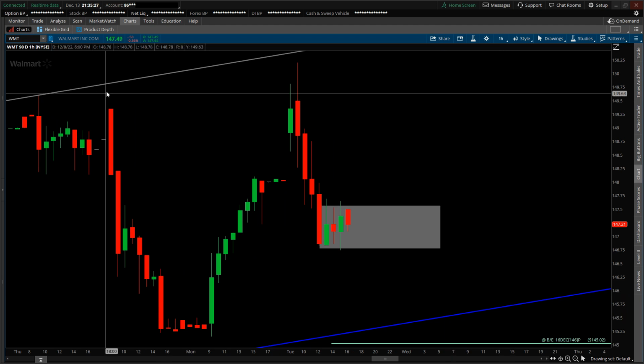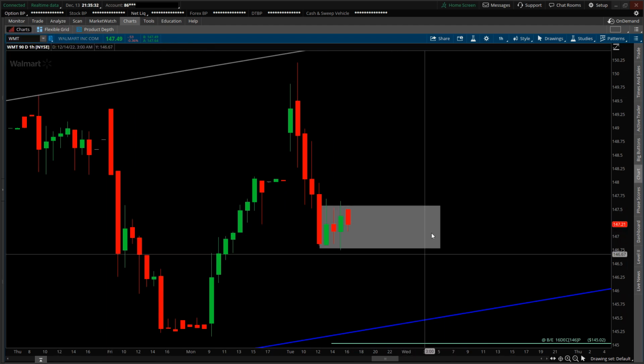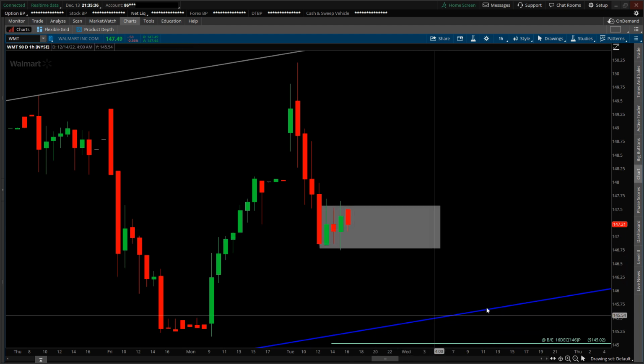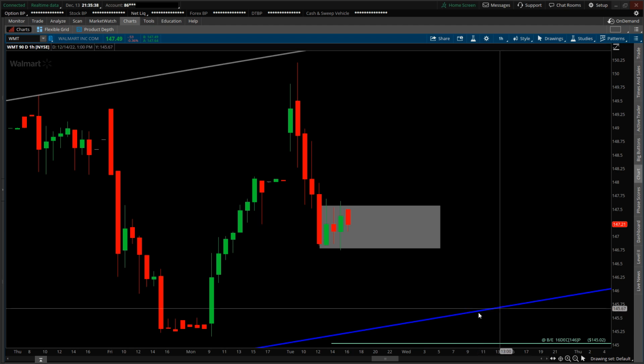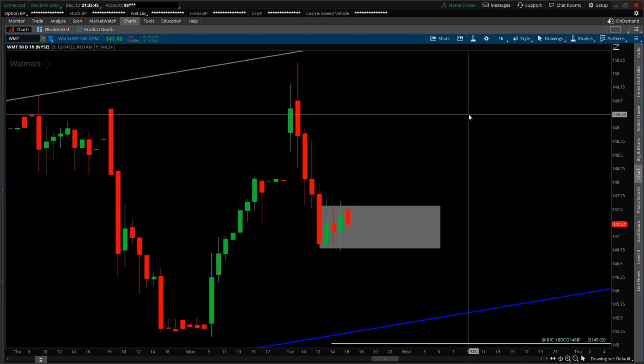And as what I showed in the trade tab, I did take a bearish position. So I'm anticipating Walmart to possibly retest support after tomorrow's Fed announcement.